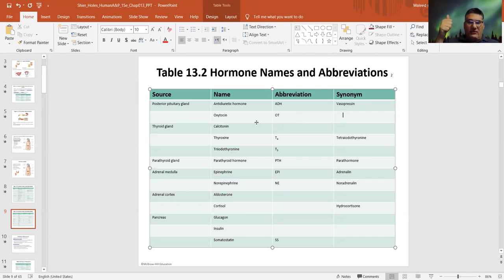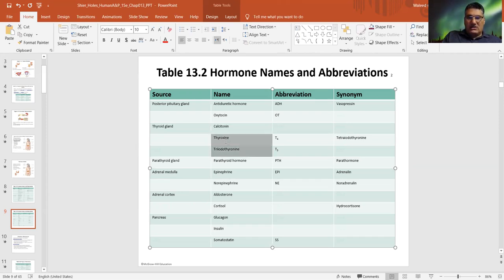So we did so far the hypothalamus, anterior pituitary, and posterior pituitary. Now the other glands. This was in the management level. Other than that, the thyroid gland is going to secrete thyroid hormones, which are those two, T3 and T4. T3 is triiodothyronine, tri meaning three, and T4 is called tetraiodothyronine, also known as thyroxine.